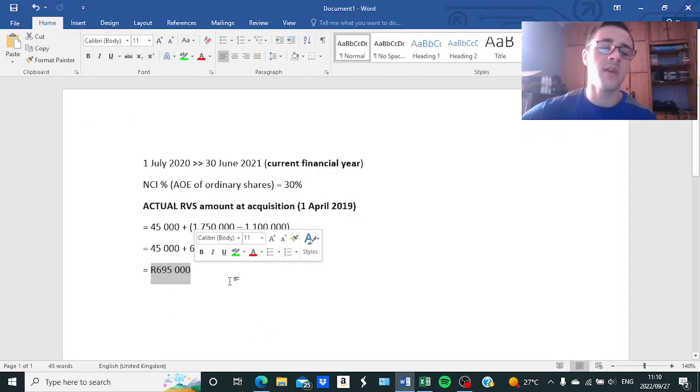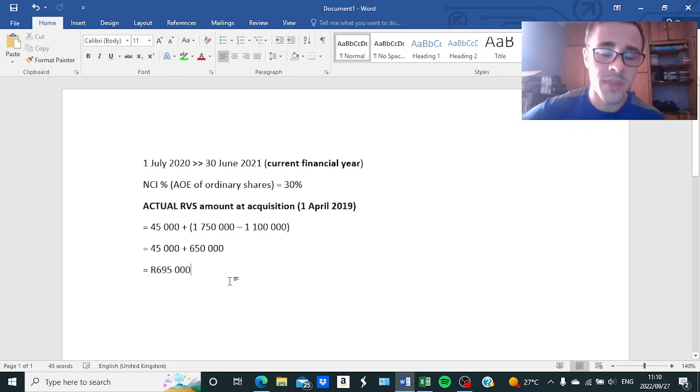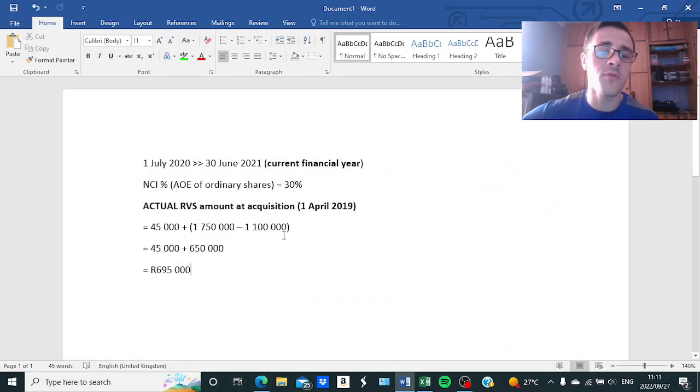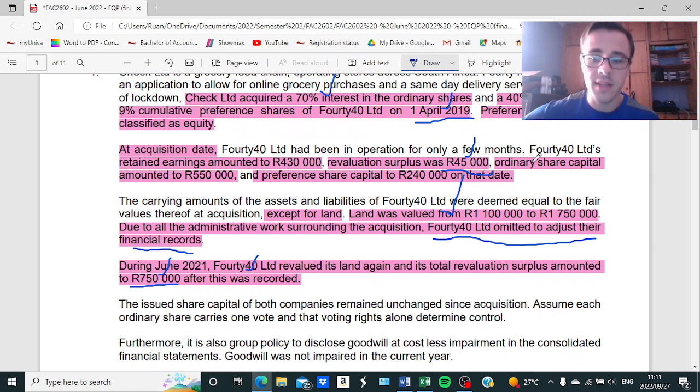Now the reason they tell you that it was not recorded is just for you to adjust this balance right here. So it is only for the purpose of calculating the correct balance of revaluation surplus at acquisition. But the 650,000 Rand already forms part of the 750,000 Rand balance at year end.